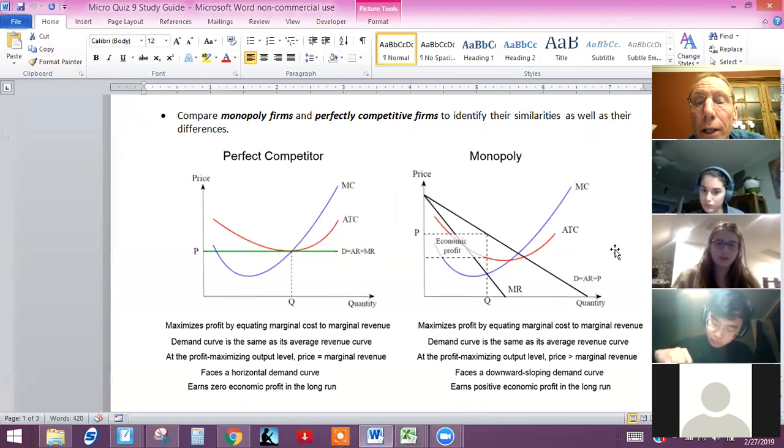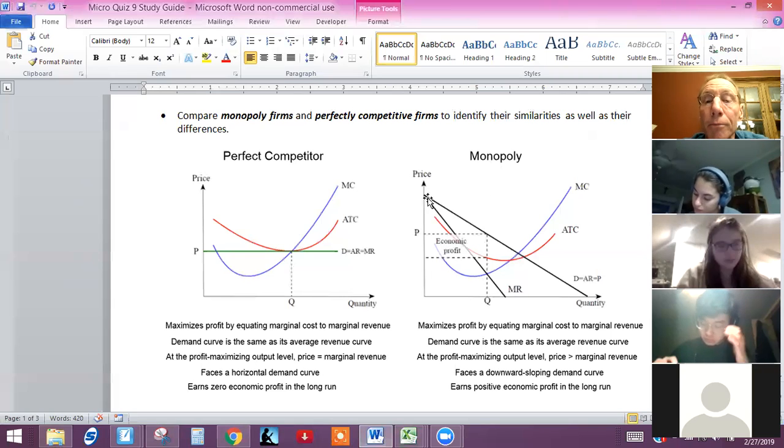Now, if we just look at this, we can say that one way they're similar is that both firms' demand curves are also their average revenue curves, not their marginal. That's the difference. The marginal revenue curve in monopoly has a steeper slope. It's typically twice the slope of the demand and the average revenue.